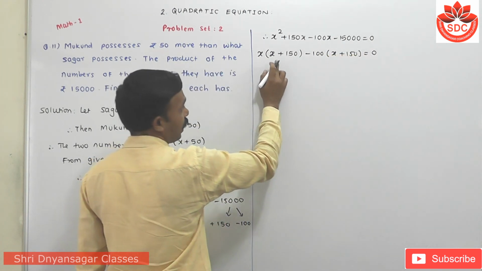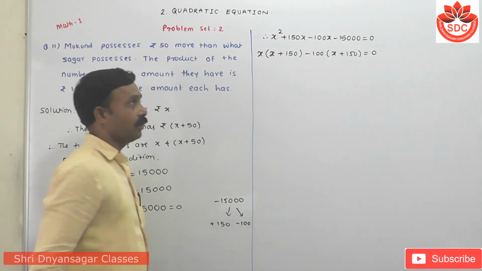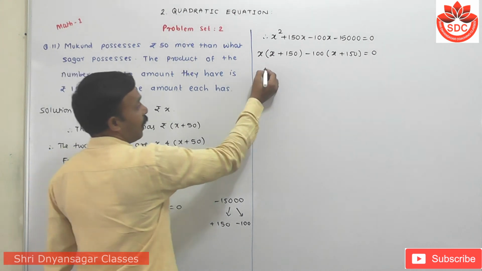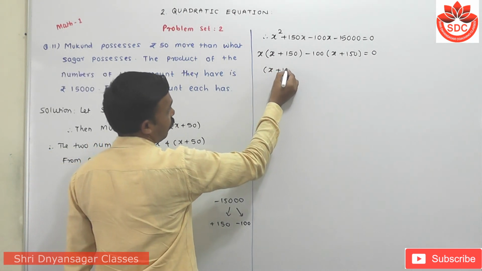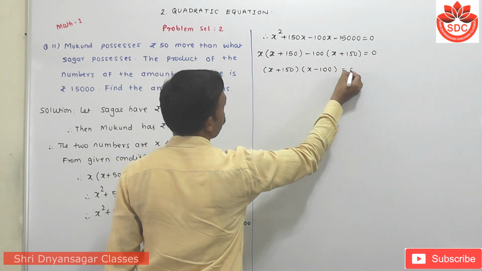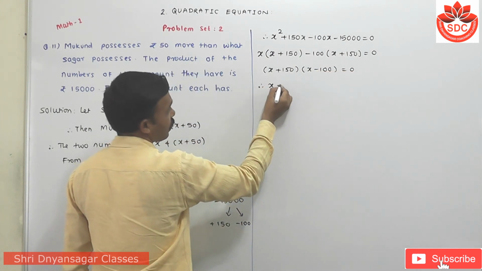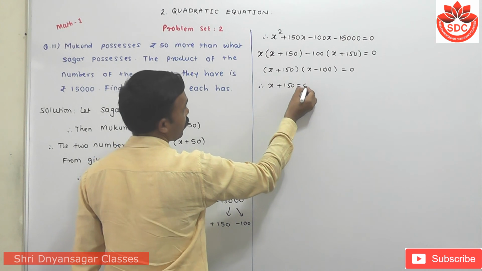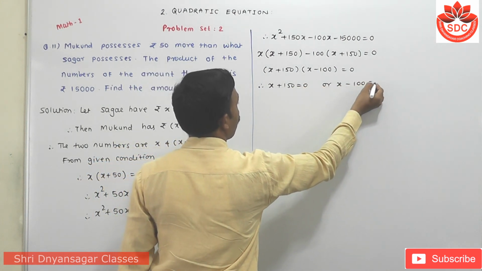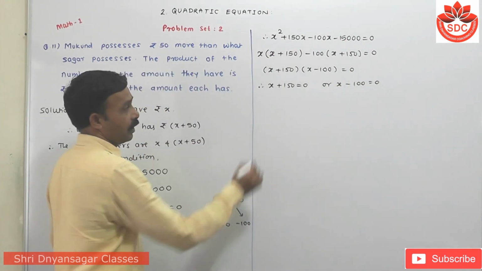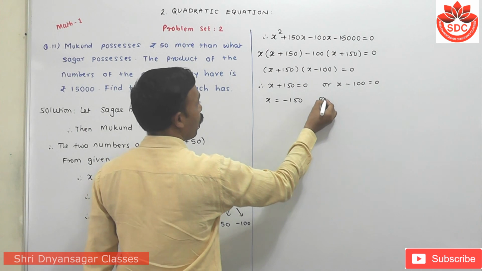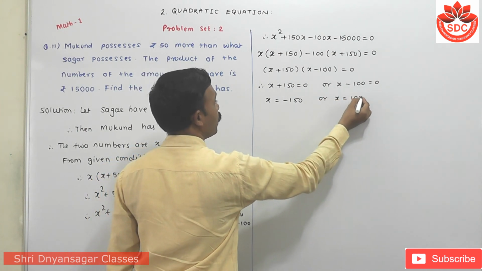Student, note here: the first bracket becomes the second bracket, so take the common factor thoughtfully. Then take the common bracket x plus 150 first, and the remaining is in another bracket, equal to 0. That means x plus 150 is equal to 0 or x minus 100 is equal to 0. Then transposing, x is equal to minus 150 or x is equal to how much?